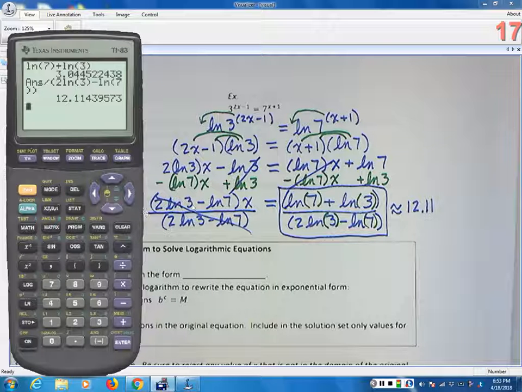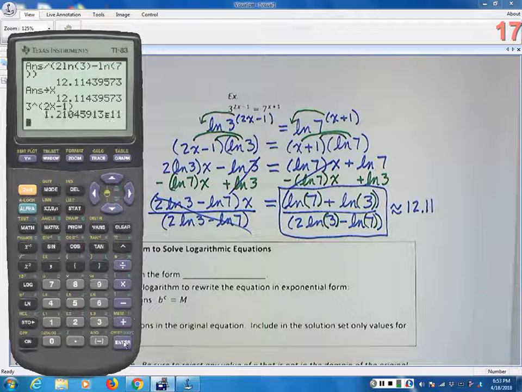If you put 12.11 in there, you're not going to get the exact answer, it won't be equal, but you can do store into x, and then you can type in the left side of the equation, 3 to the parenthesis 2x minus 1. You can only do this if you've stored the answer into x.